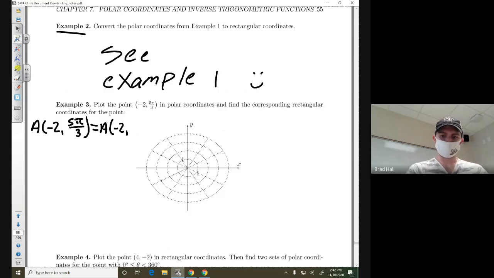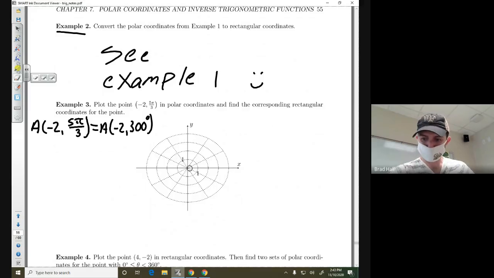There's an angle. It's 300. So these go by increments of 30. Each one of these various sectors, that's 270, and that would be 300. 300 would be right here.